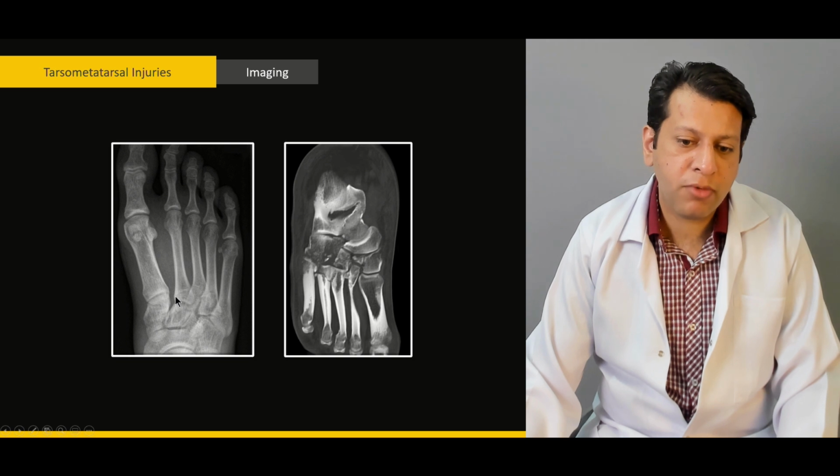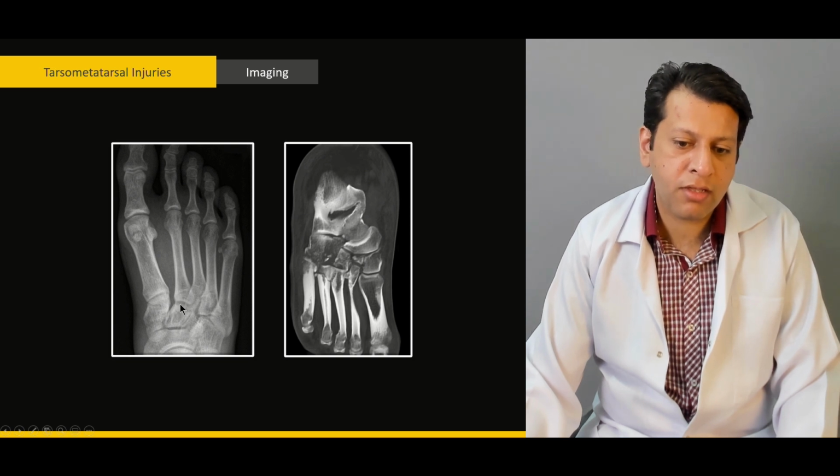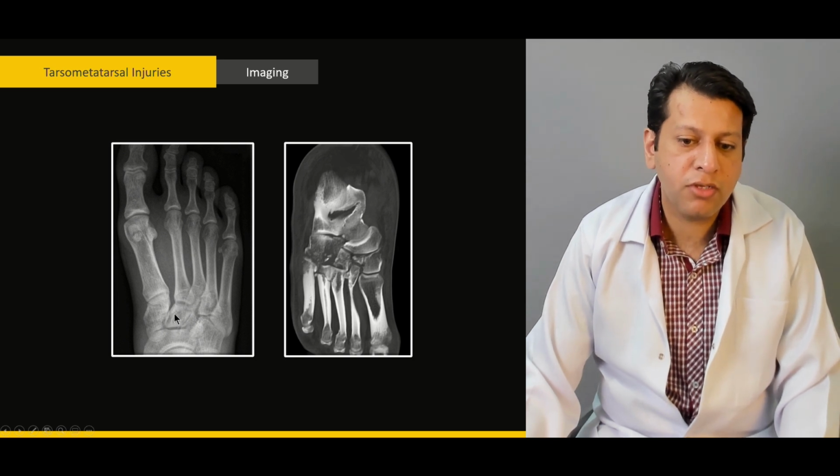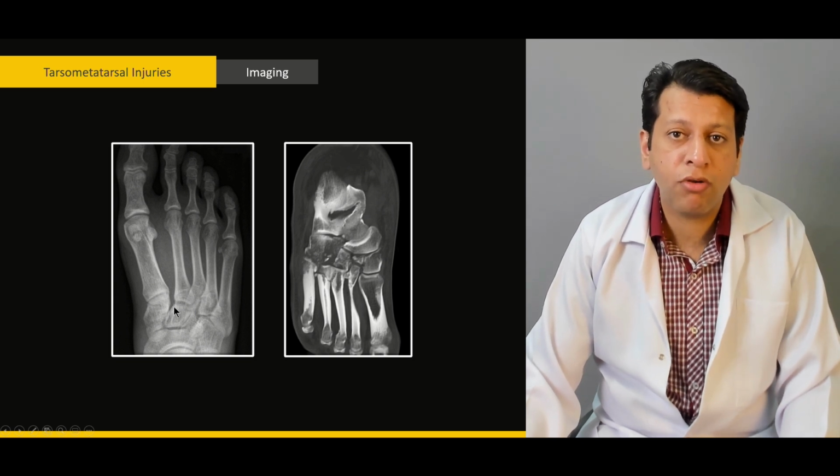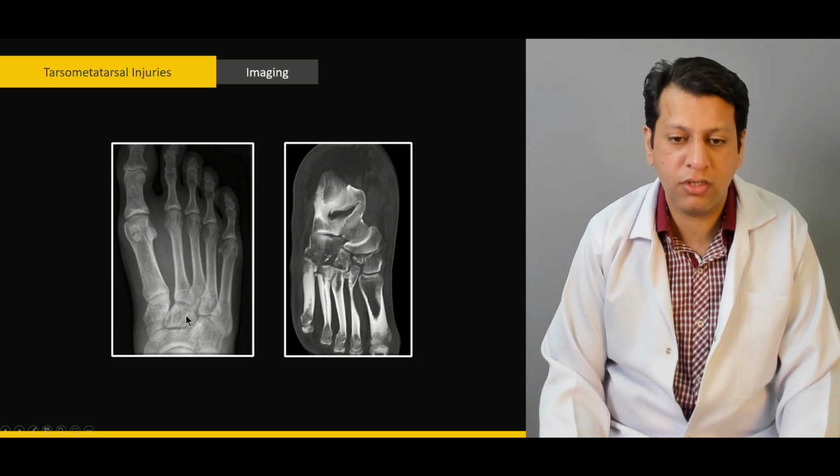If, as you can appreciate over here, the middle cuneiform is slightly displaced, this means there's something wrong, and there may be a fleck sign over here. It may not be present as well, but you need to be on the lookout for the Lisfranc ligamentous injury.